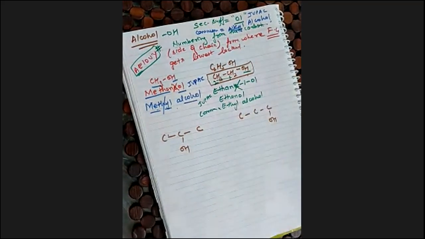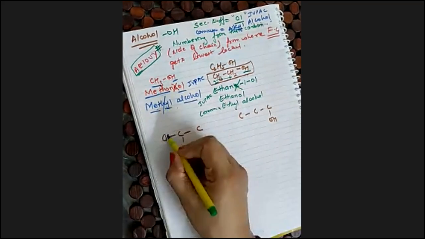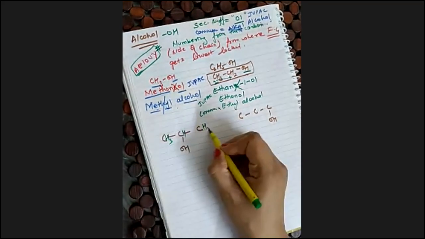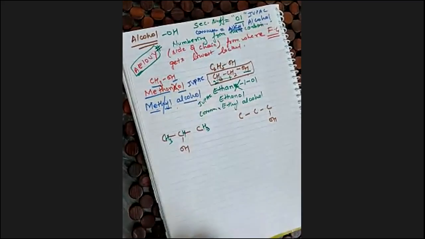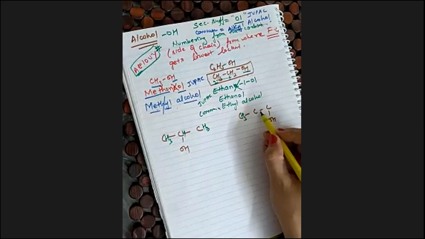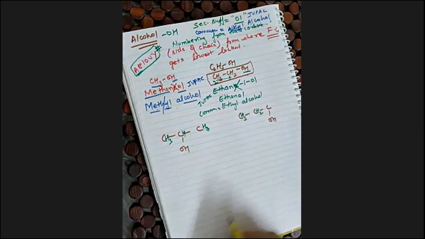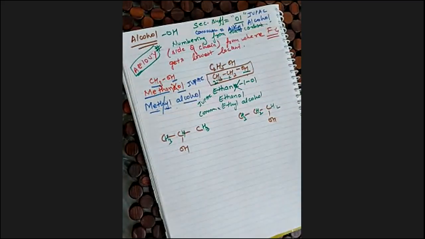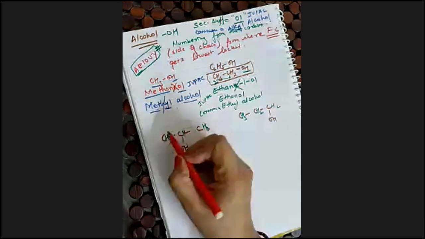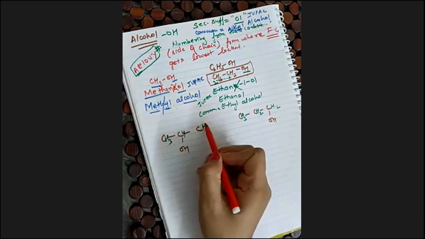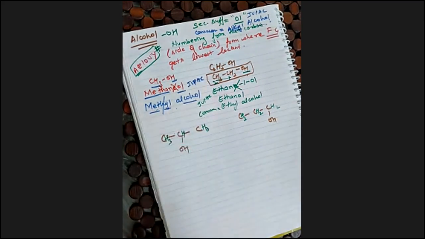I need not tell you how many hydrogens are there, but we'll write CH3, CH, CH3. This middle one is surrounded by 2 bonds, so we will write CH3, CH, CH3, and OH. From which carbon will we start the nomenclature? If we start from this one, the OH will get the second position. If we start from this one, then also the alcohol is on the second position.